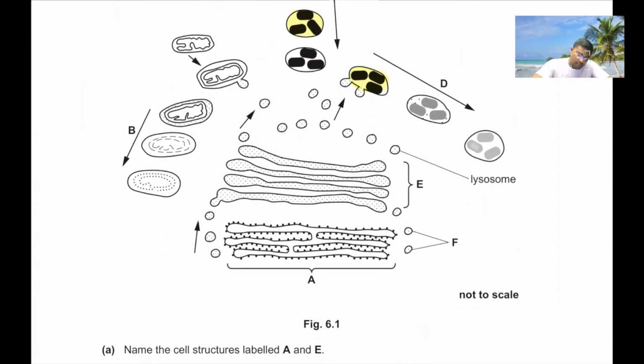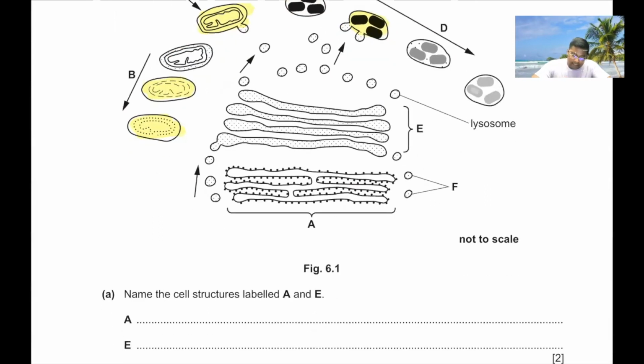Okay, the lysosomes are also attaching to old organelles such as mitochondria. The lysosome is digesting the old organelle, and digested product is left behind. We can see in part A rough endoplasmic reticulum, and we can see Golgi apparatus in part E, and we can see vesicles formation from rough endoplasmic reticulum.